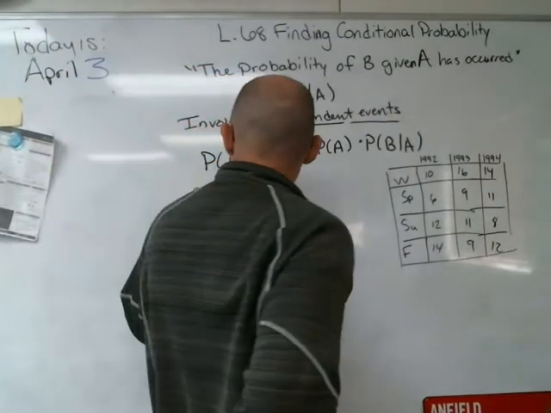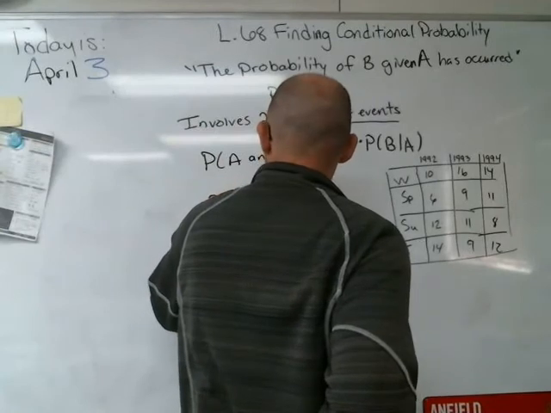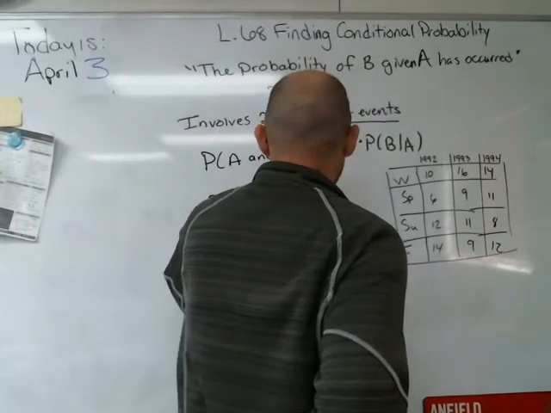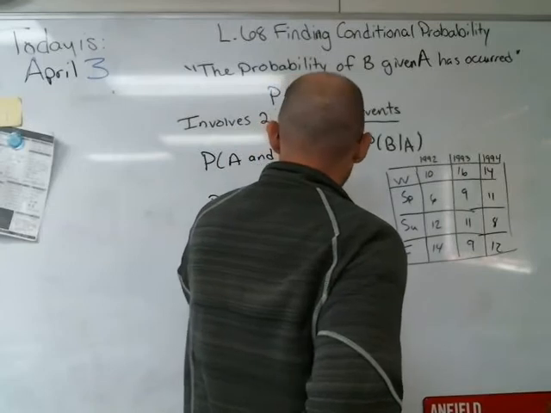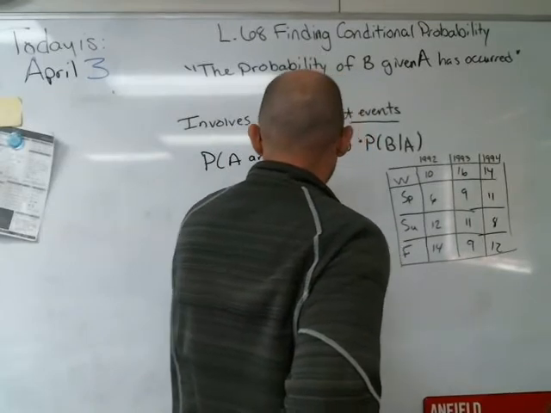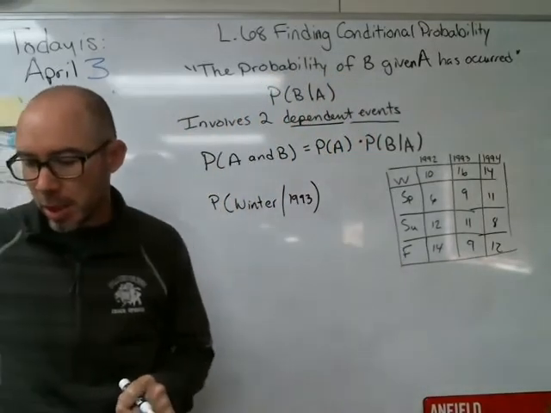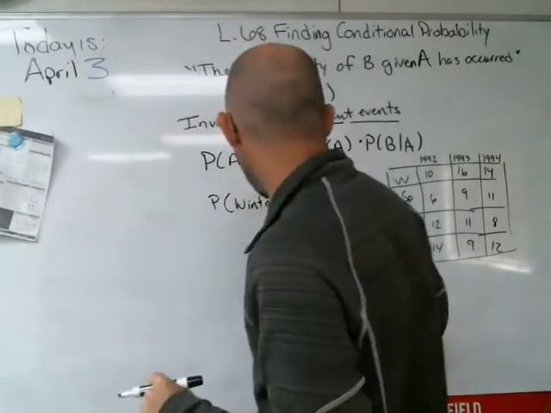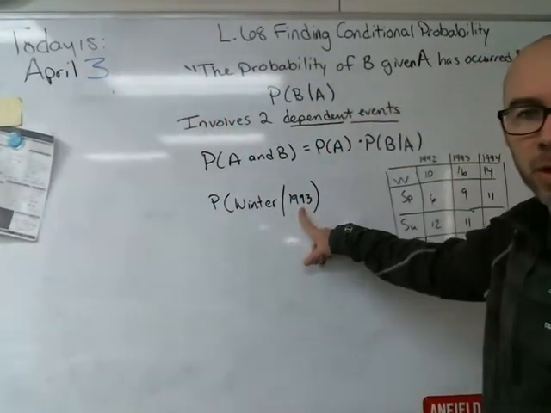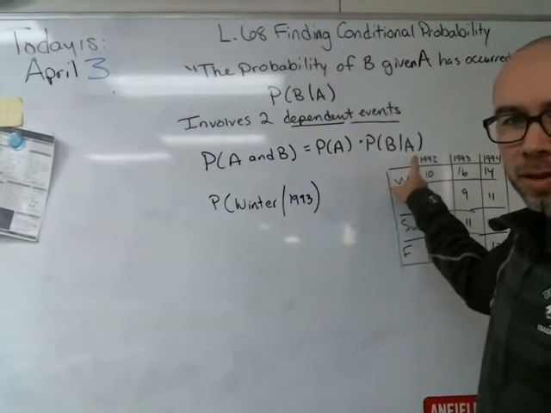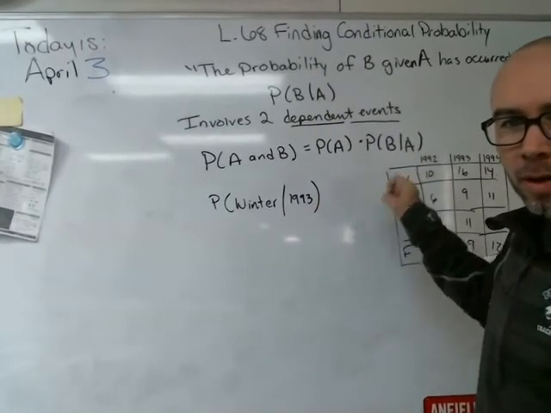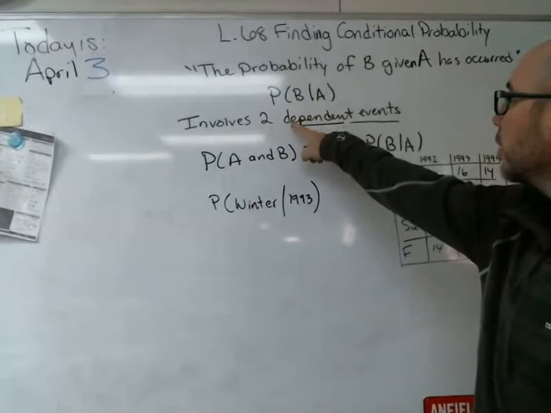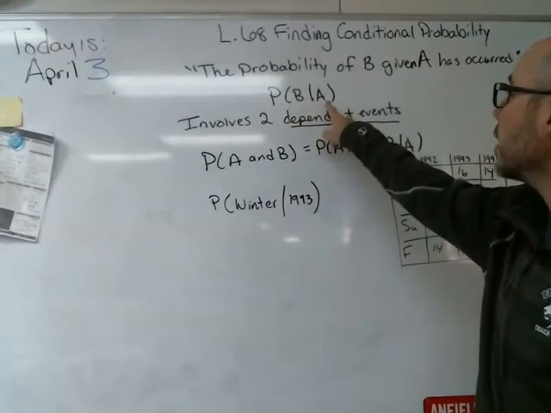Find P of winter slash 1993. Okay? Given that. So that means that first thing that we have to do is we look at 1993. So we got this right here. Probability of B given that A has occurred.